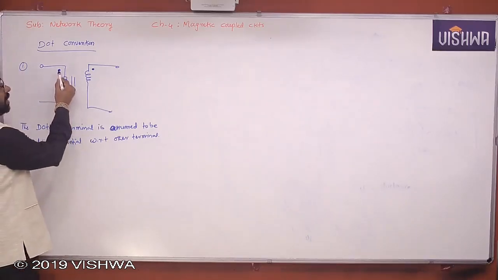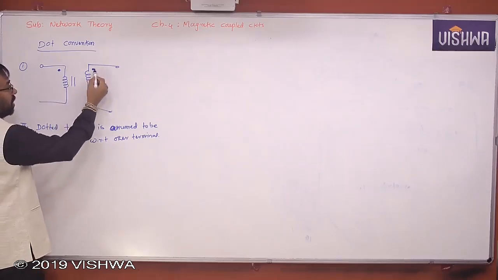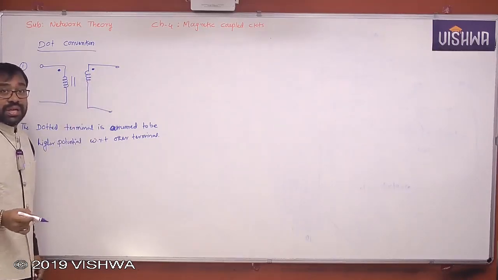So this terminal is assumed to be at higher potential with respect to this one. This terminal is assumed to be at higher potential with respect to this one. Understand, all of you, okay?